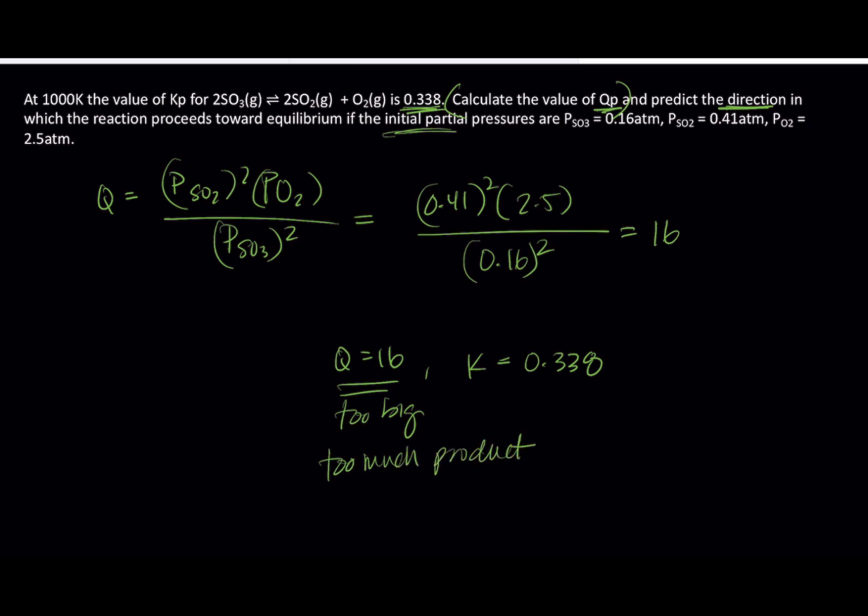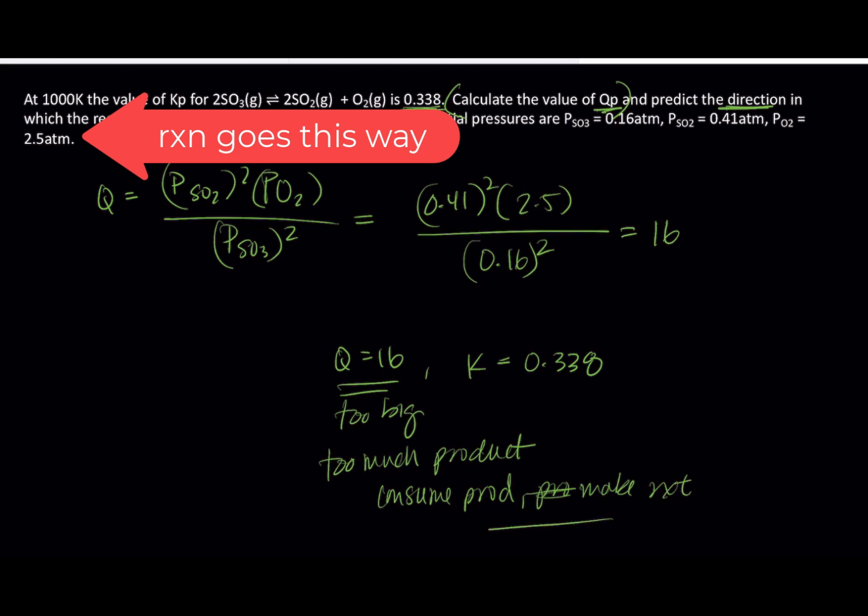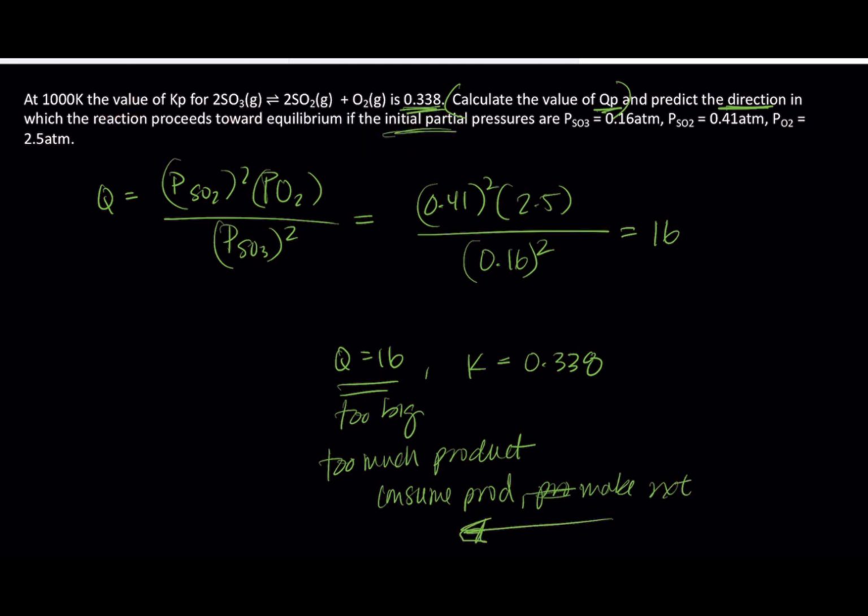So what we're going to do is consume product and produce reactant, which means it's going to go in this direction. Yes, does that make sense? That's what the reaction is going to do, so that it heads toward K, because reactions will move toward whatever their equilibrium is.